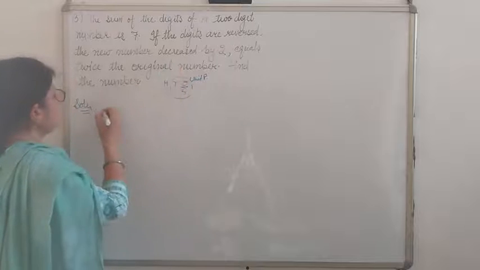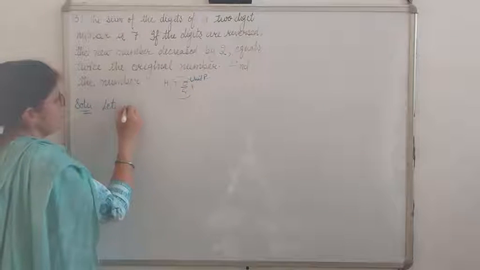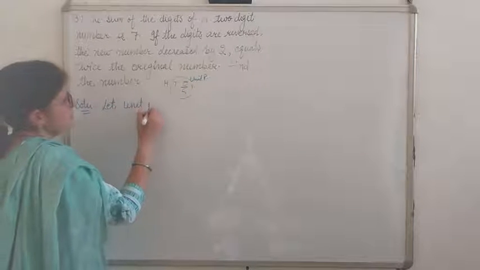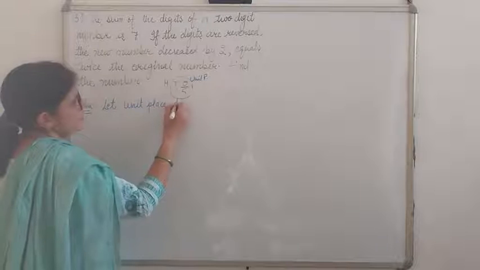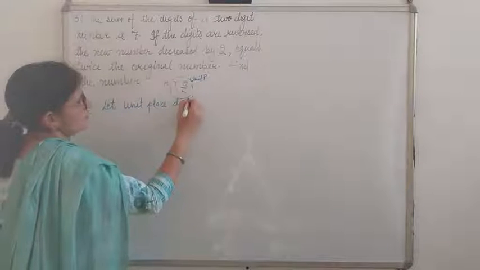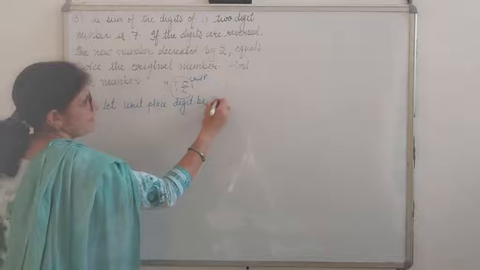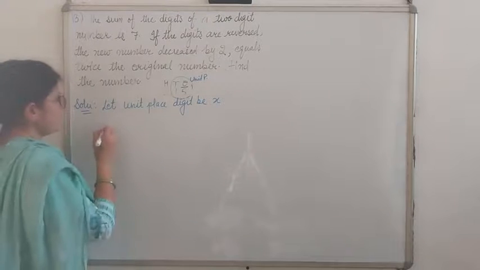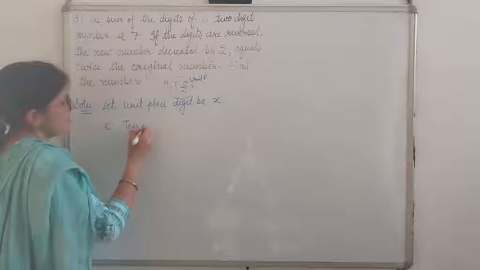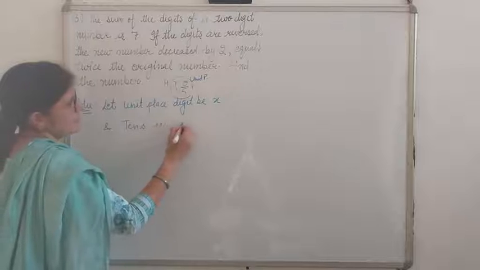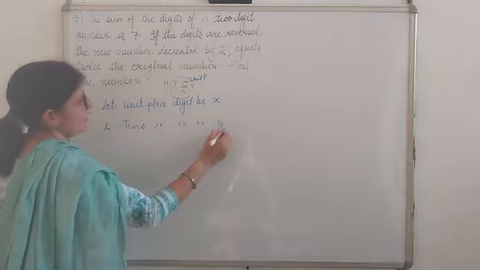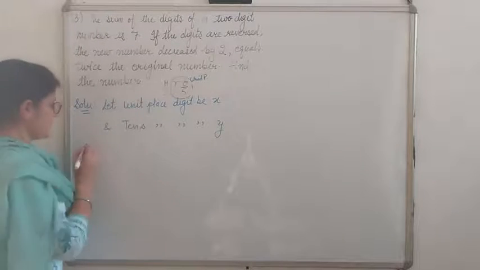Okay, let the unit place digit be x, and tens place digit be y. Then what will be the two digit number?